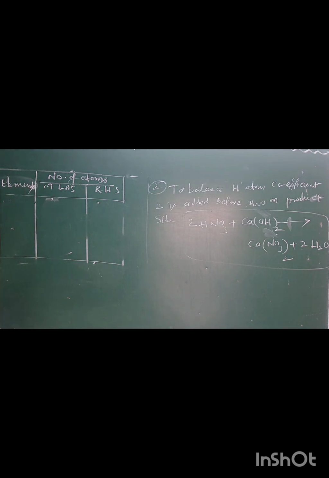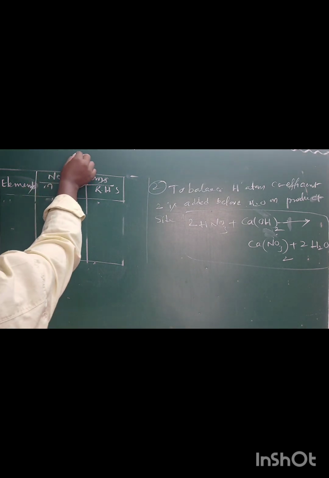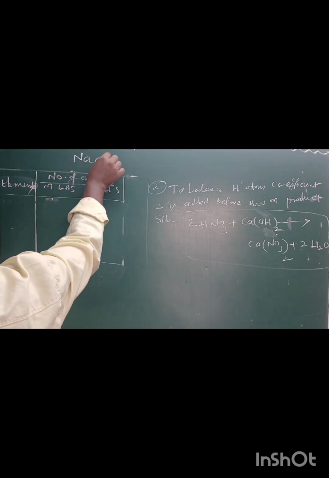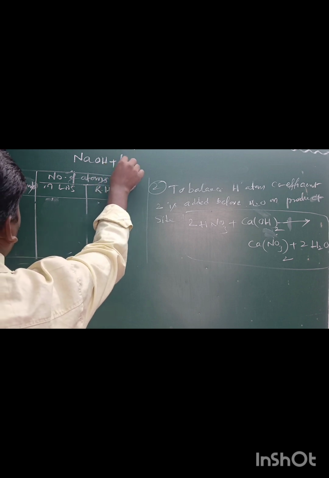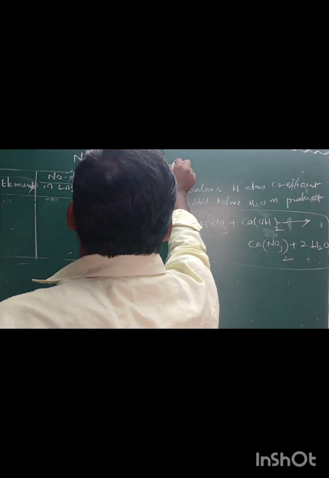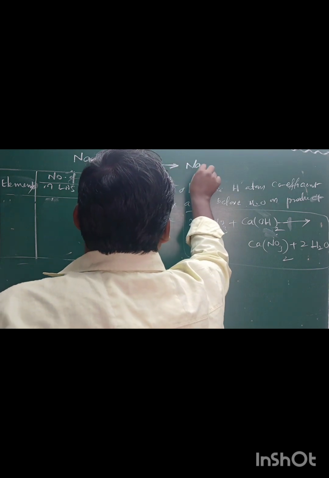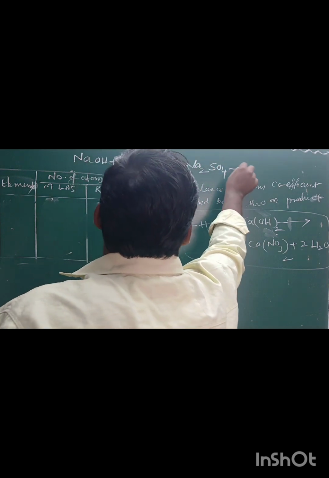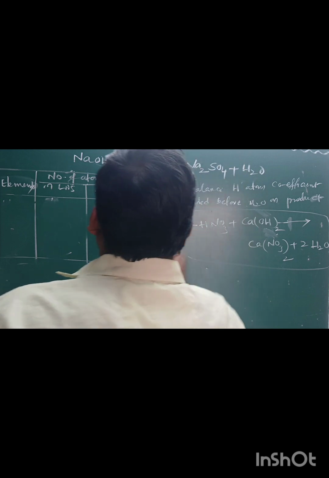Now I am taking one more example, that is sodium hydroxide, NaOH plus H2SO4 gives rise to Na2SO4 plus H2O. Balance this equation.